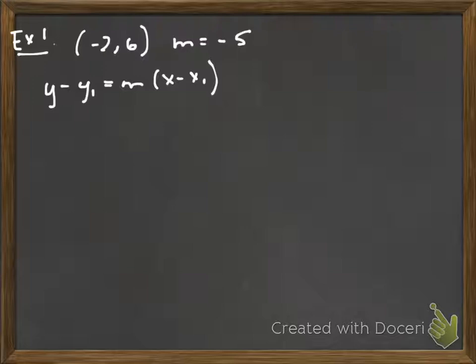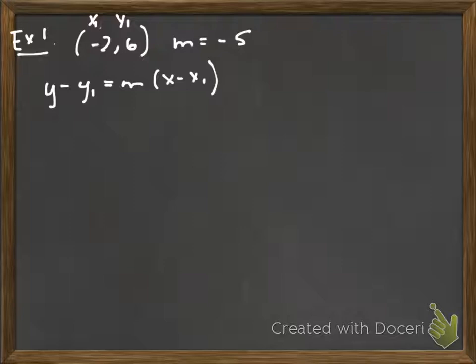One of the things I like to do whenever I'm plugging in anything that has a y1 and an x1 is go ahead and label my points. So I'm going to label this x1, and I'm going to label this y1. That way I just know where to plug that in. You have to be careful.